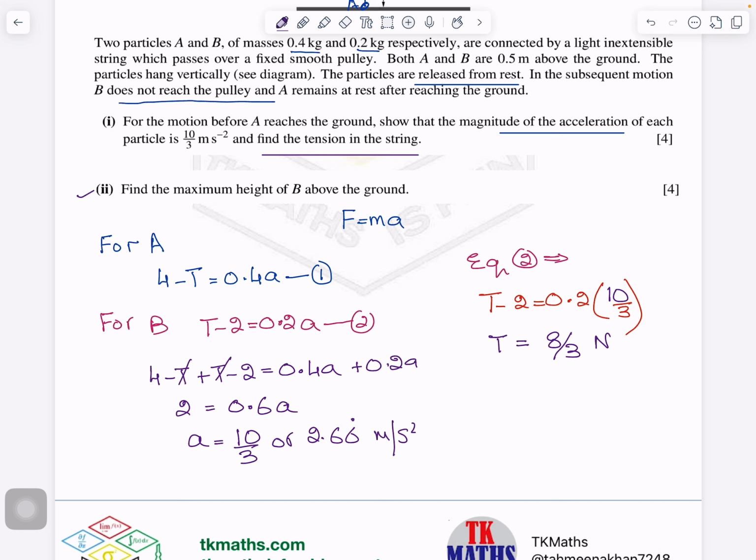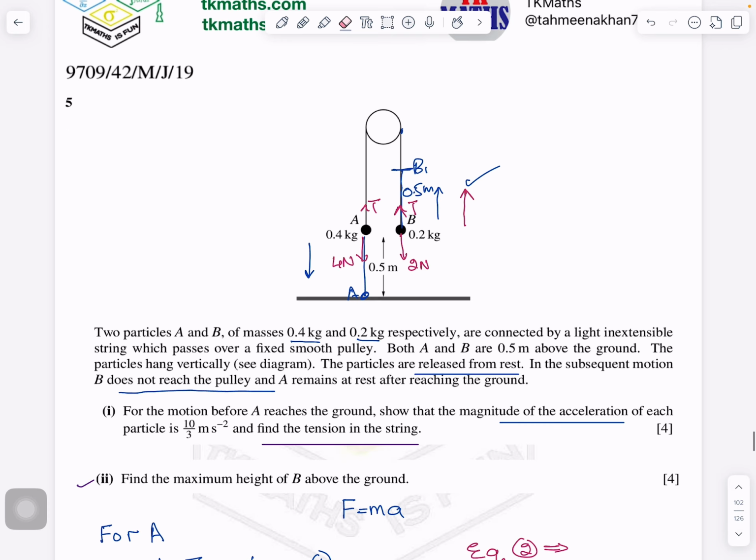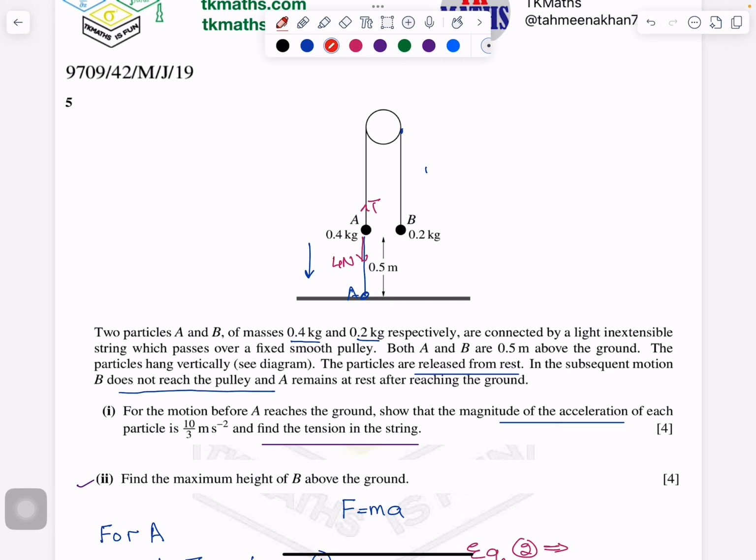The second part of the question is to find the maximum height of B above the ground. Let me come back here to the question and then I will start explaining. Let me erase all this. So what happened? This is 2 Newton here and this is T. Now B is going up and A is coming down from here to this side, and this distance is 0.5.